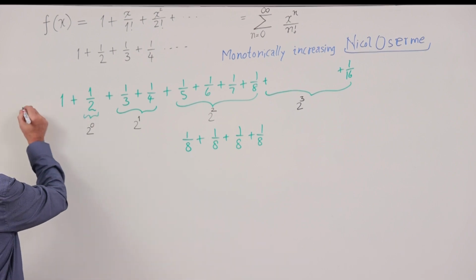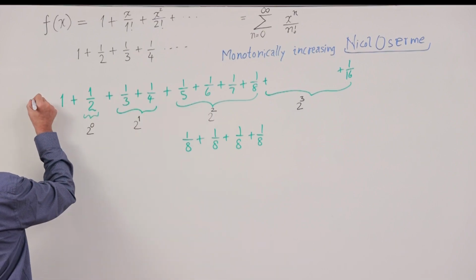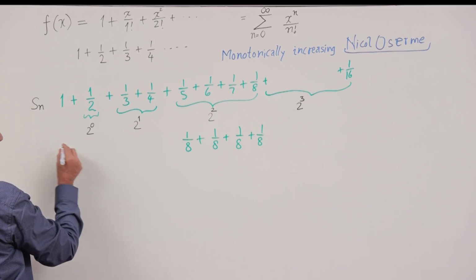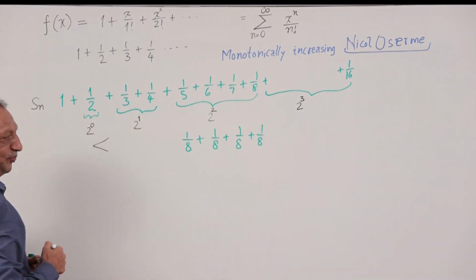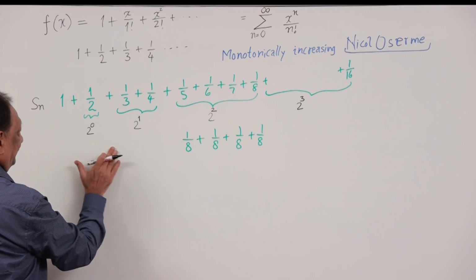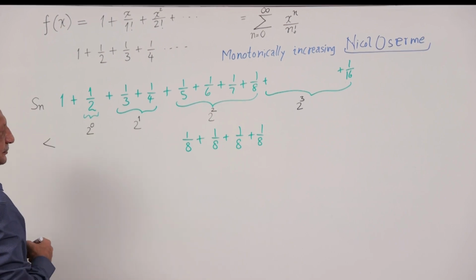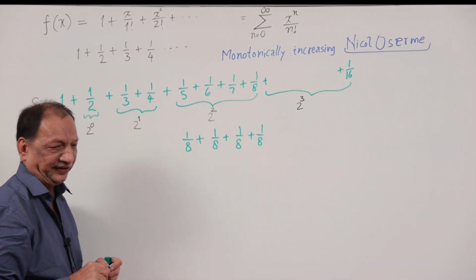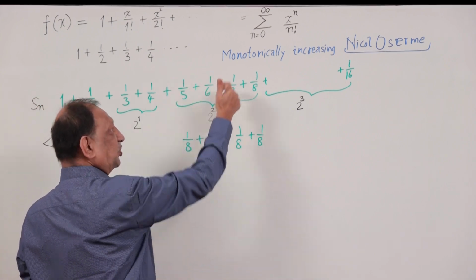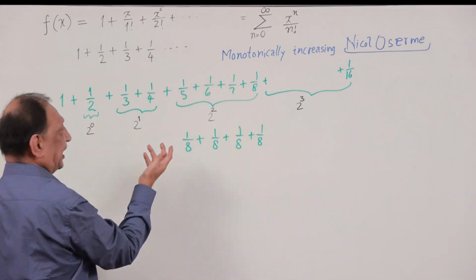Therefore, this summation, you may call this Sn, will be definitely greater than the second series that I am going to write, correct now? Because most of the terms are lesser, the total also will be less.